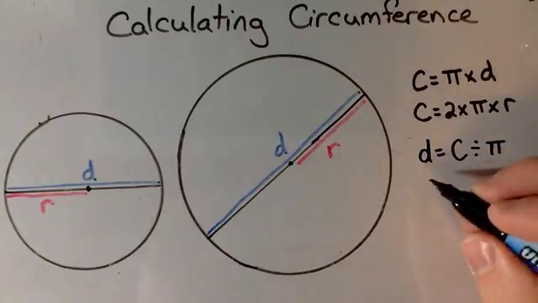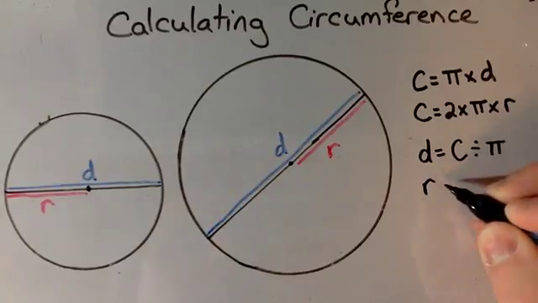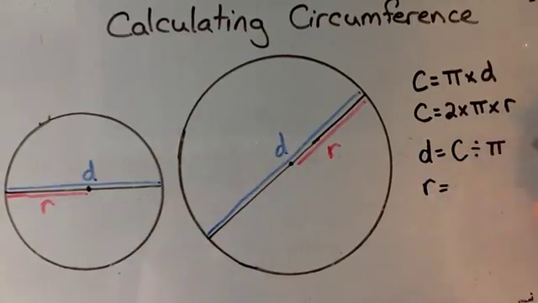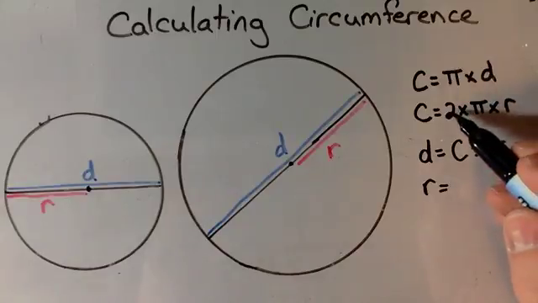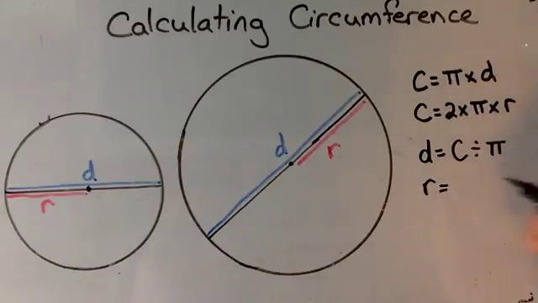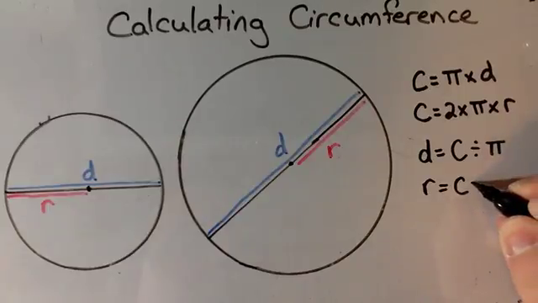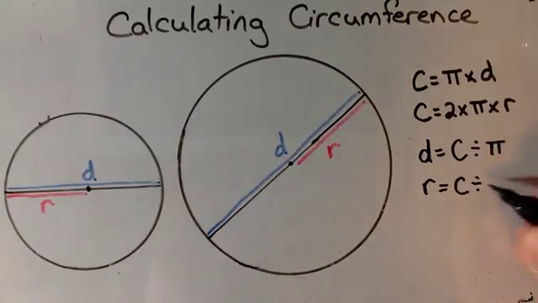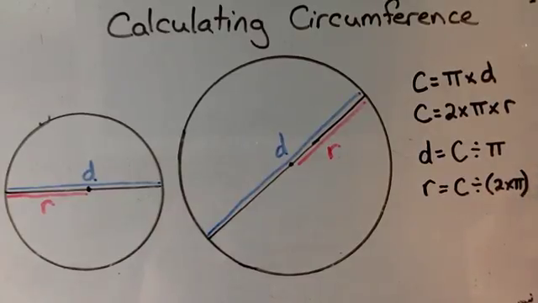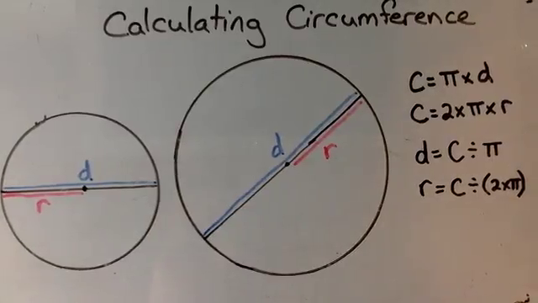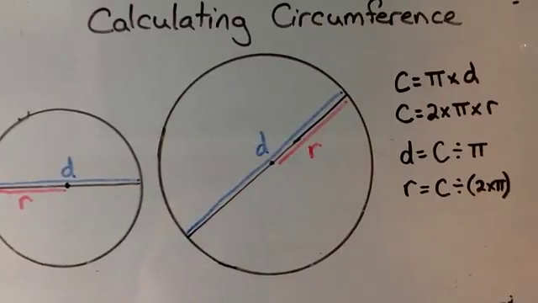In the same way, if we multiply the radius by pi and the number 2, that'll give us our circumference. So if we take our circumference and divide it by 2 times the number pi, then that will also give us the radius. So this information can be very useful whenever we're working with circles.